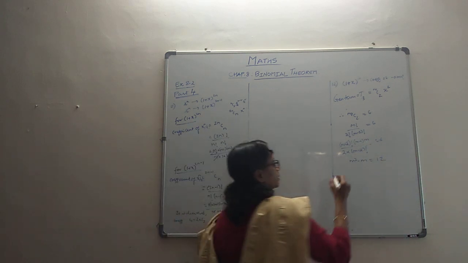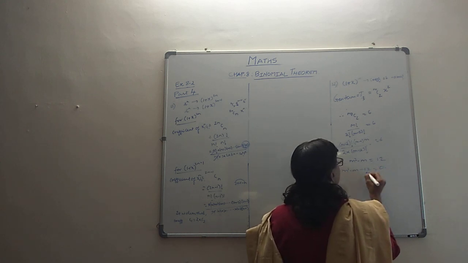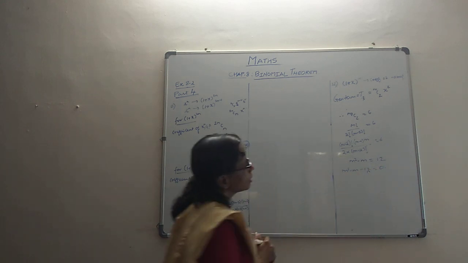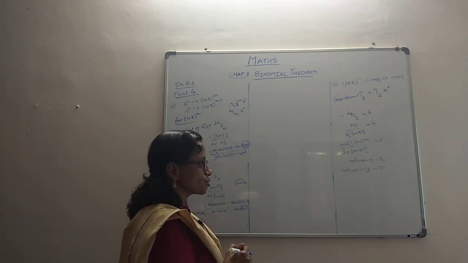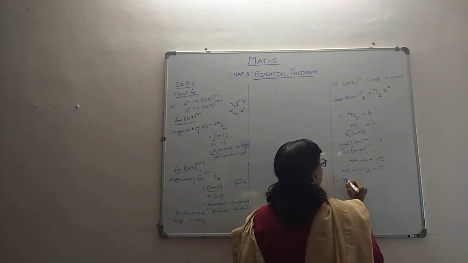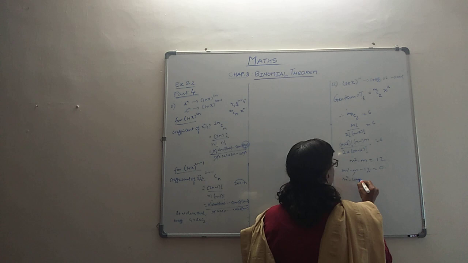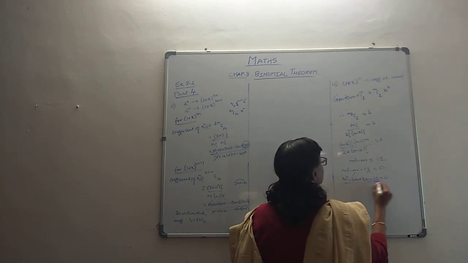Let the 12 come here. m squared minus m minus 12 equal to 0. We can split 12 into 1 and 12, 3 into 4, 6 into 2. 3 into 4 could be good because you could split this as minus 4m plus 3m minus 12 equal to 0.